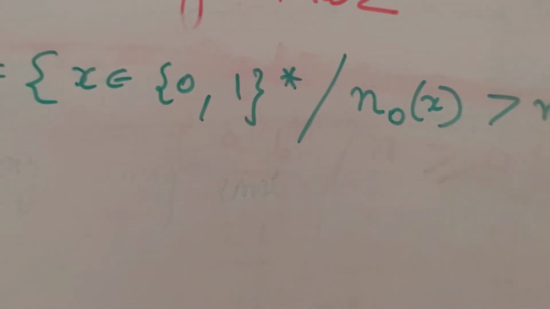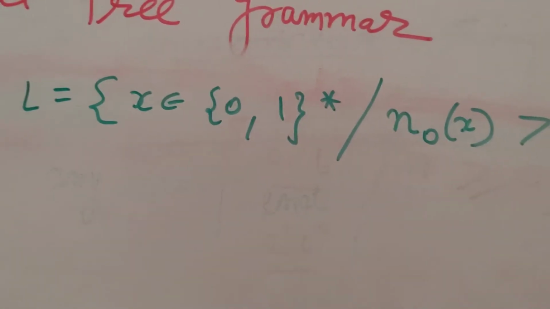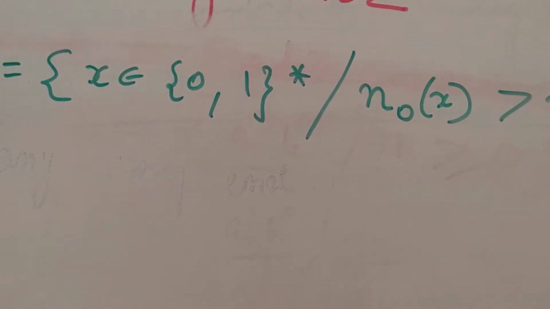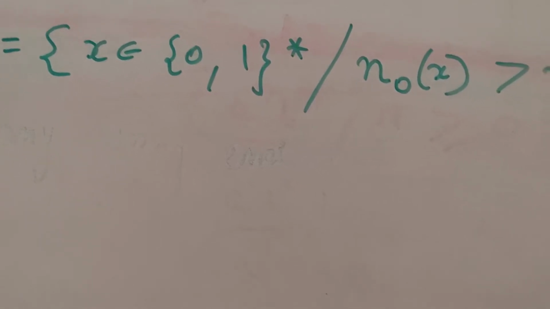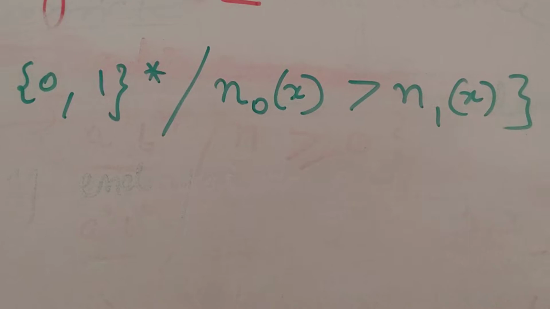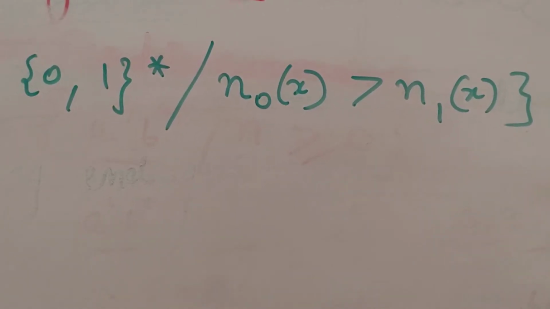So this is our language which is given to us. That language L is there, where X is my string, which can be occurrence of 0 as well as 1. Now over there the number of 0s has to be greater than number of 1s.